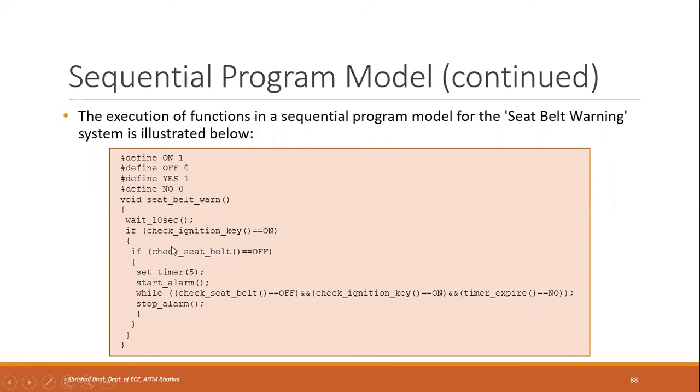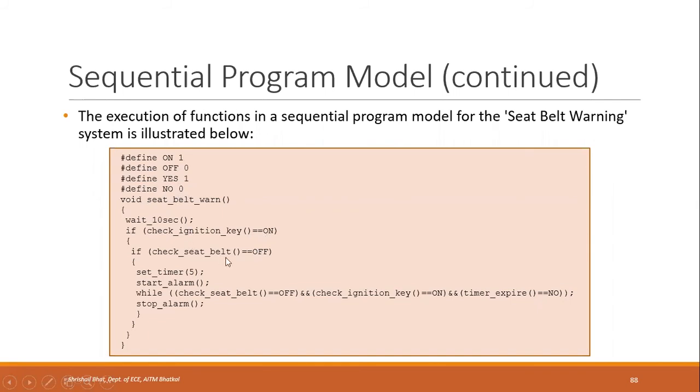Before doing this, you have to define these terms on and off, and yes and no. So you define hash define on 1, that is true, and hash define off 0, that is false. Similarly, hash define yes 1 means true, and no is 0, that is false.